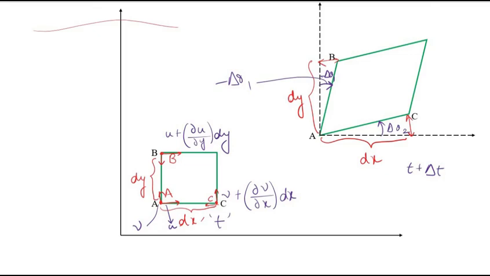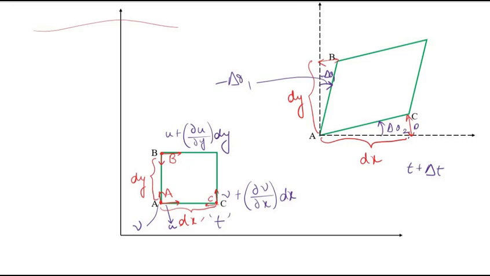Now let us say this point C is at a distance dx from A, as I've mentioned here. So with respect to A, what has happened to point C? Initially they both were parallel, but now point C has moved a little upward when compared to time t. Correct?